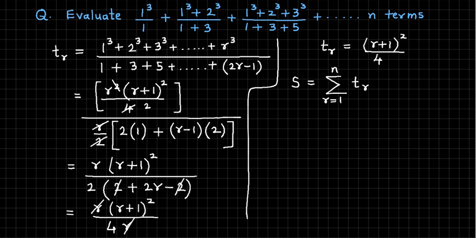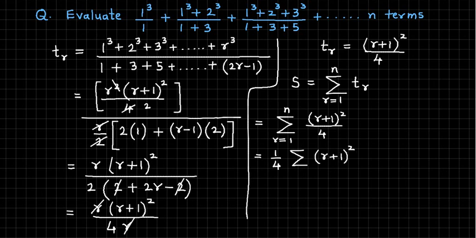So that further equals summation of (r plus 1) the whole square upon 4, and r varies from 1 to n, correct? So that is equal to, we can take 1 by 4 outside the summation because it's a constant. So here we have summation of (r plus 1) the whole square, and as r varies from 1 to n.